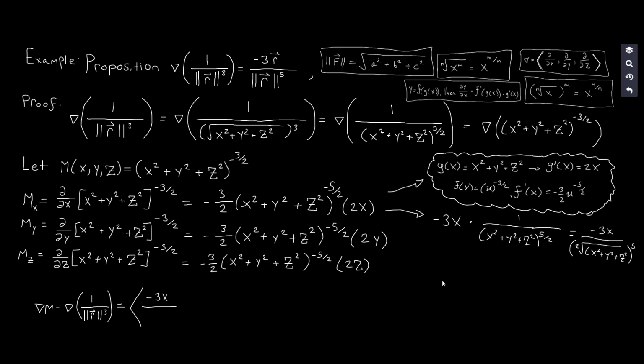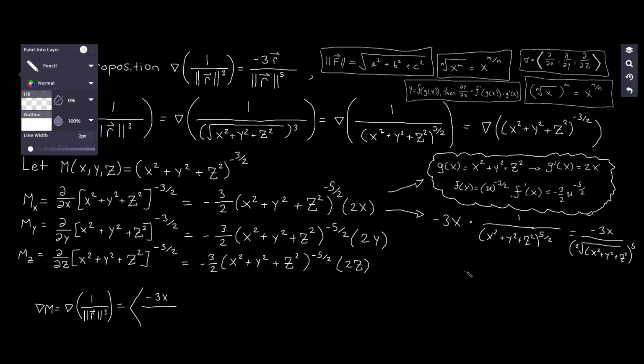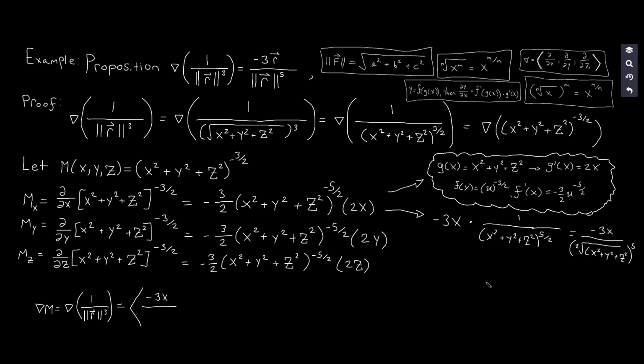Okay. So, by definition, this index 2, this square root of x squared plus y squared plus z squared, is the magnitude of vector f, but for us it's vector r, right?